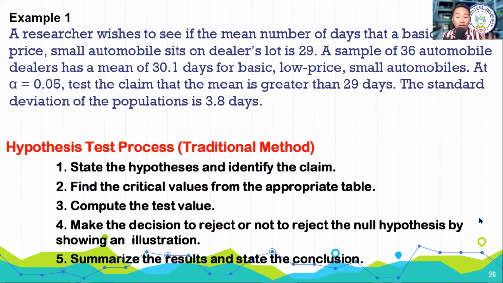At alpha, I'm going to set the level of significance, test the claim that the mean is greater than 29 days. The standard deviation of the population is 3.8 days. This is clearly stating the standard deviation is coming from the population. And with that being said, the z-test will be used for this particular problem. Question so far?